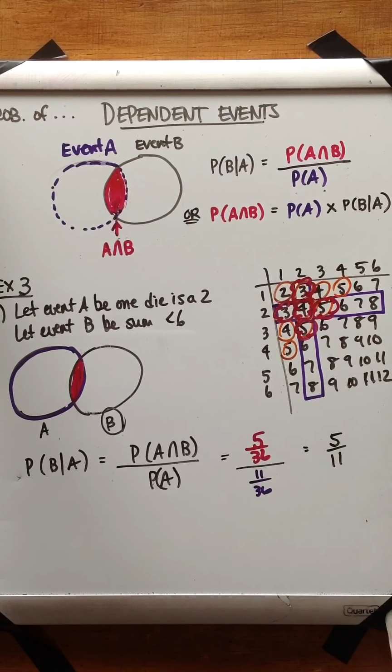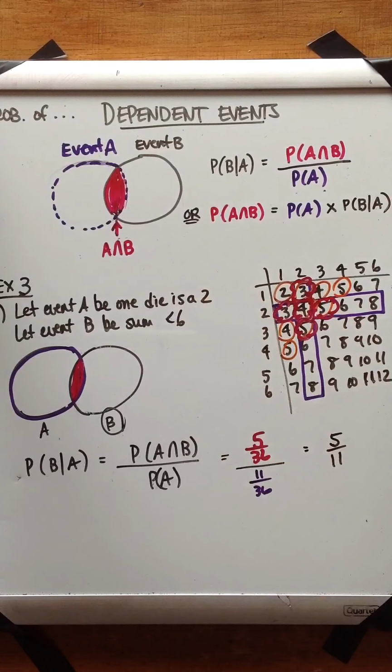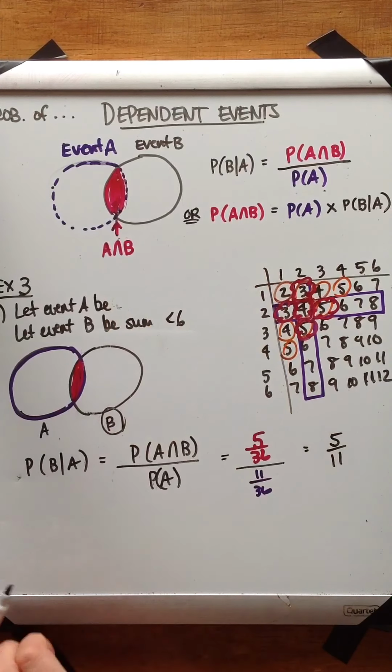If we look at this similar scenario, we're going to let the first die be a 2. This one we were doing one die that's a 2. If we switch this slightly so that the first die is a 2, does that change things?